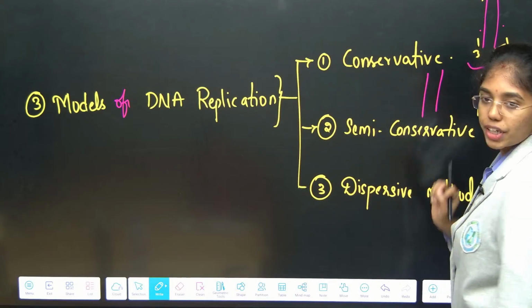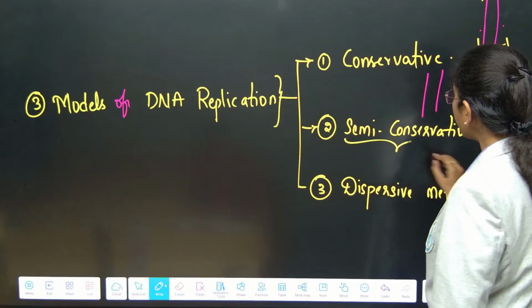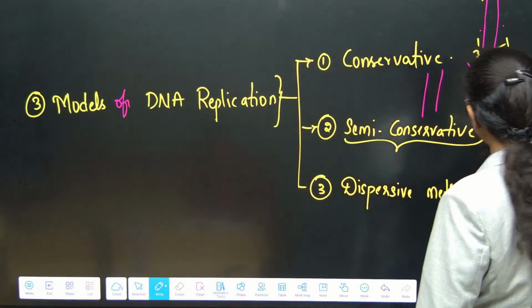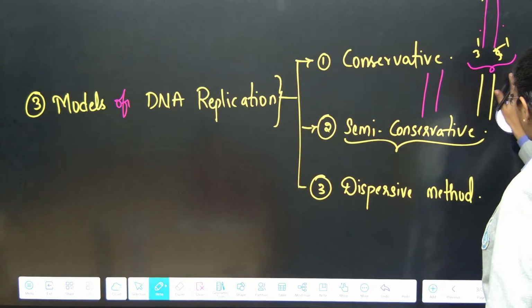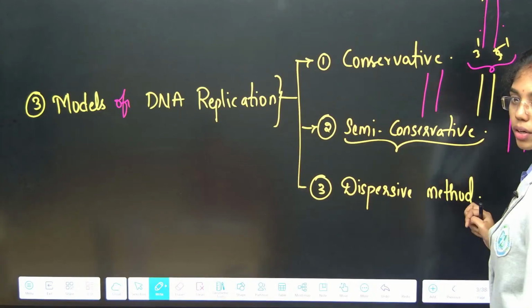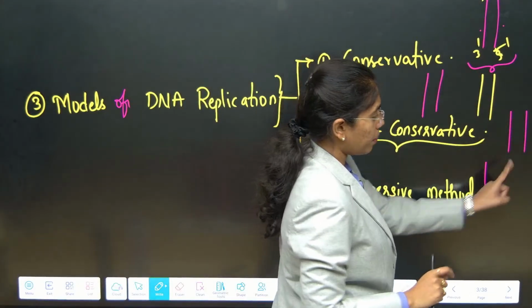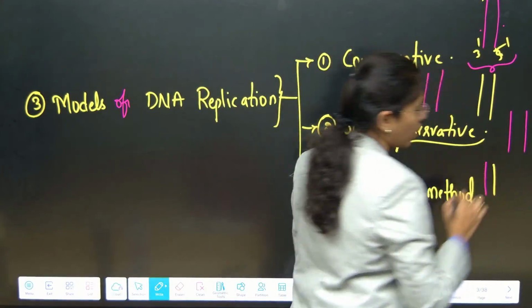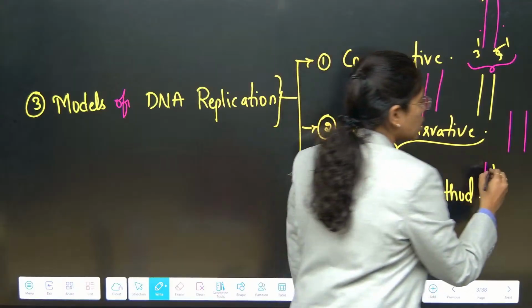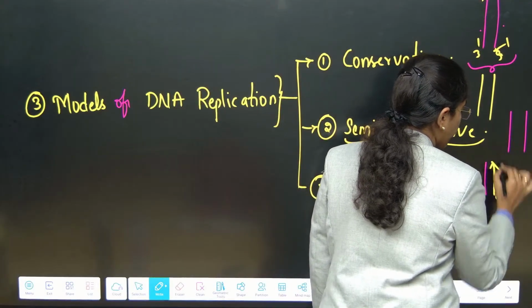In the semi-conservative method, the pattern is, if this is the parental strand of DNA, one parental strand will act as template, and to that template one daughter strand is synthesized. Synthesis will always be from 5 prime to 3 prime.